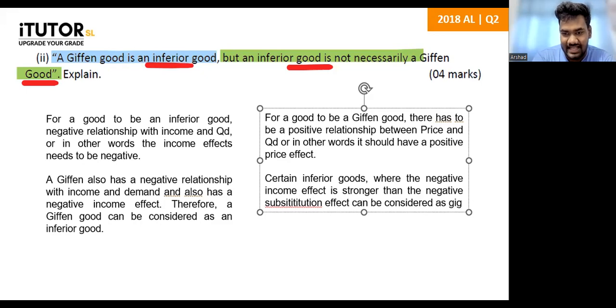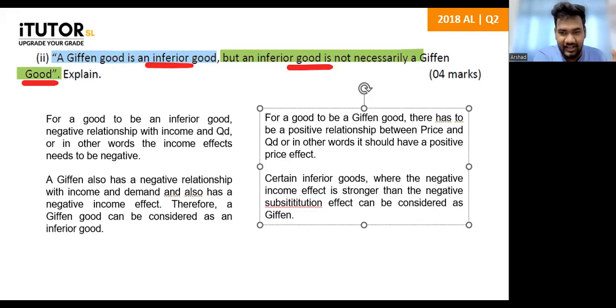So there are some inferior goods. Inferior goods means a negative income effect. If this negative income effect is stronger than the negative substitution effect, then you can say that inferior good is a given good also.